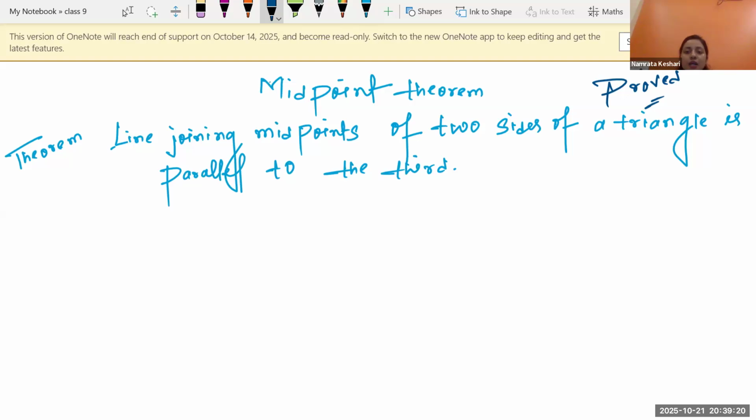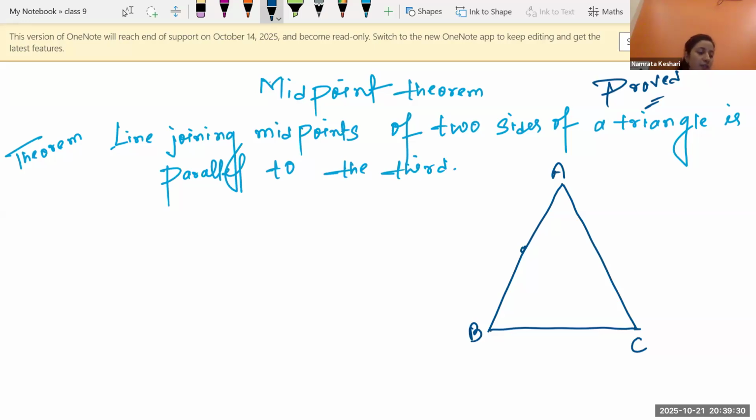So if you are having a triangle, let's say a triangle ABC, and you know the midpoints over here. Let me take the same names so that later on when you see the proof in the book, it will make sense to you. So suppose this is E, this is F. These two are not random points.